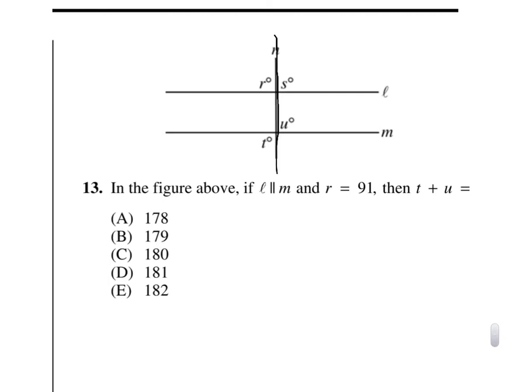So I'm going to show you how to get past that. Anyway, the question: in the figure above, if L is parallel to M and R equals 91, then T plus U equals. So R is 91 here. That means R is obtuse. So it might be more helpful if we go ahead and exaggerate the picture.